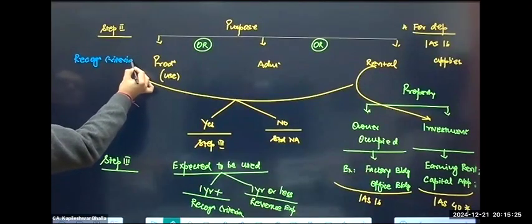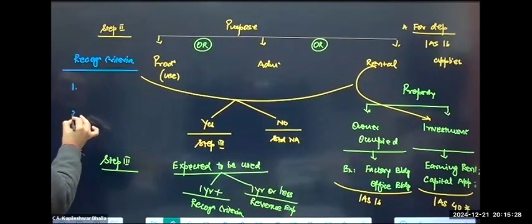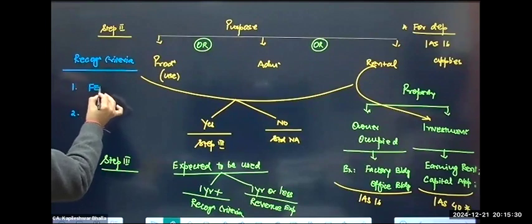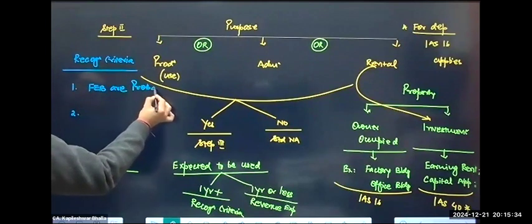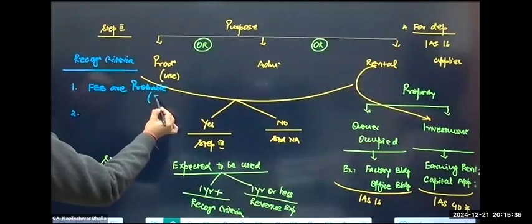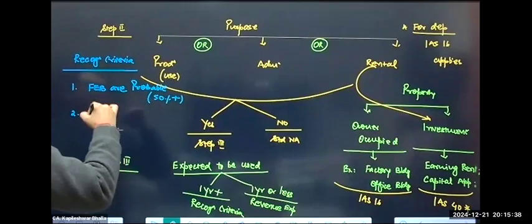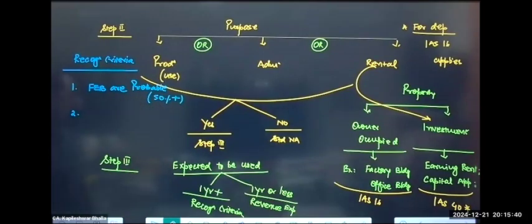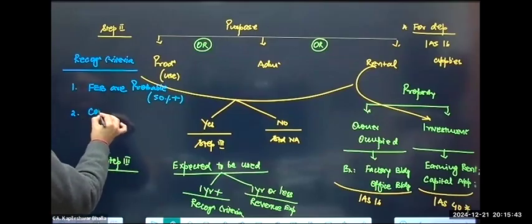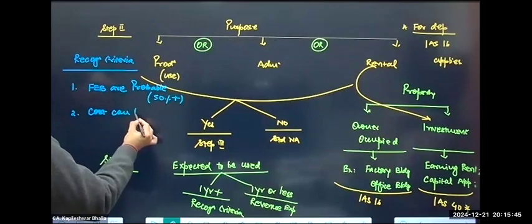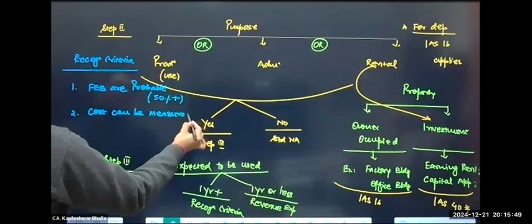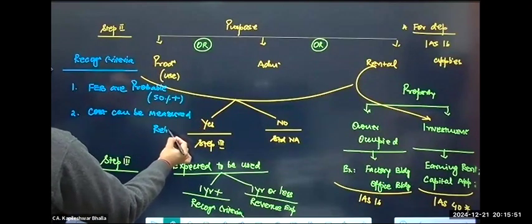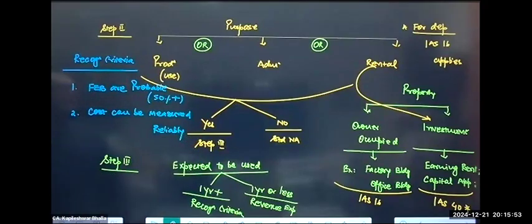So we just need to quickly keep in mind the recognition criteria: future economic benefits are probable. That means there is more than a 50% chance of getting a benefit, and the cost can be measured reliably. If you can measure the cost reliably, after these conditions are met, then it can be reflected as an asset in the balance sheet of the company.